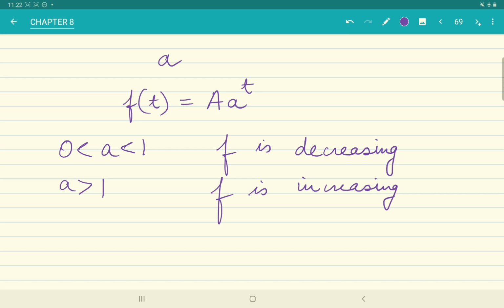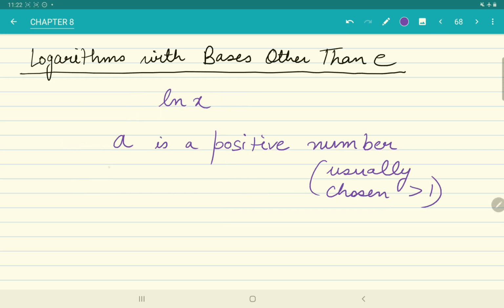We are usually concerned about a quantity that is increasing by a fixed factor per unit of time. That is why we usually choose a to be greater than 1. Keeping that in mind, if I have a as a positive number, usually chosen to be greater than 1, and now I write a raised to the power u equal to x.